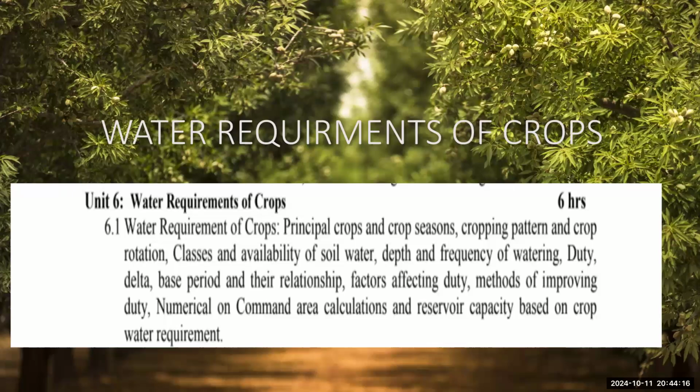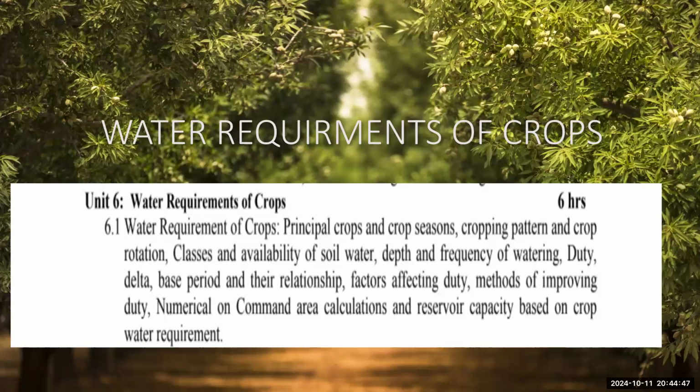After that, we are going to discuss the three terms duty, delta, and base period and their relationship in between. These three terms are useful in order to calculate the crop water requirement for some command area. When we have to implement an irrigation scheme for a particular area, at first the command area is considered.